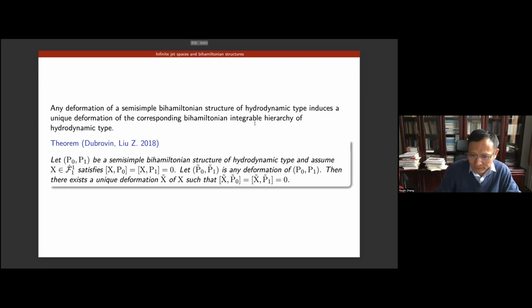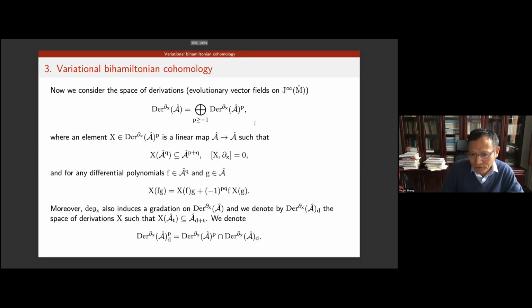And we can consider the deformations of bihamiltonian structure by using certain so-called bihamiltonian cohomology groups, which are also defined on the space of local functionals. But this setting is not enough for us to consider the transformation law of Hamiltonian structures or bihamiltonian structures and the reciprocal transformations. So we need to extend this space of local functionals. Now we have to consider the space of evolutionary vector fields on the infinite jet space, actually.